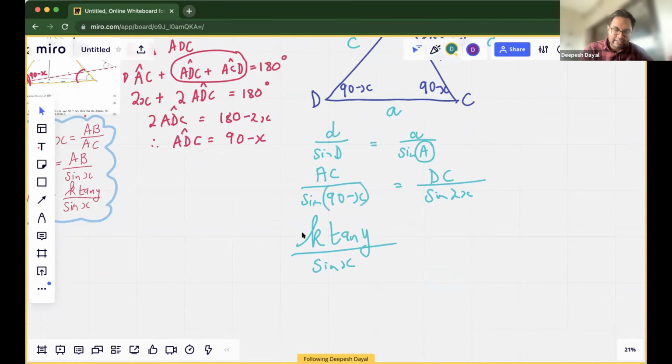When sine 90 minus x, remember, becomes cos x, equals to DC, and sine 2x becomes 2 sine x cos x.